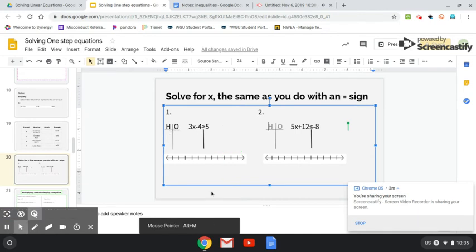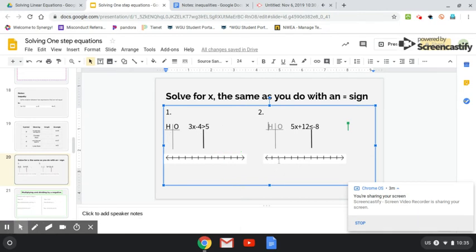Okay, now that you've had a chance to do number 2, let's go over it. So I have my what's happening and what's the opposite chart. What's happening in 5x plus 12 is less than or equal to negative 8? Remember, we're finding out what's happening to the x.